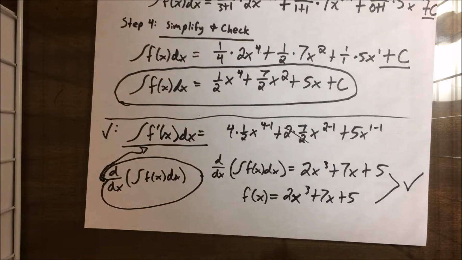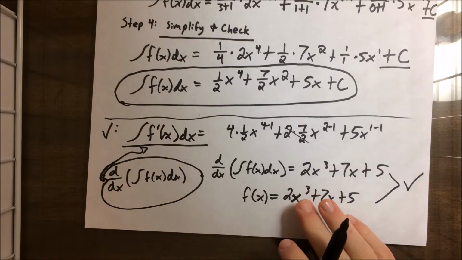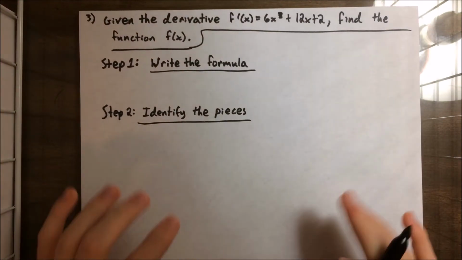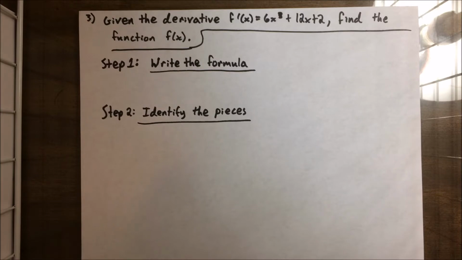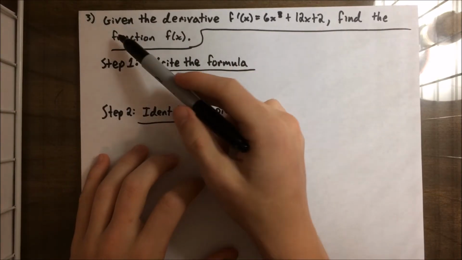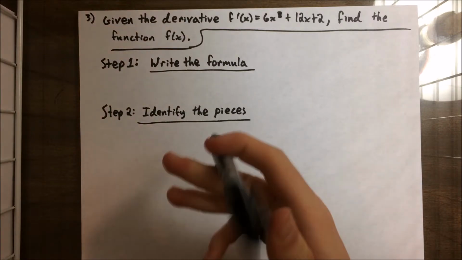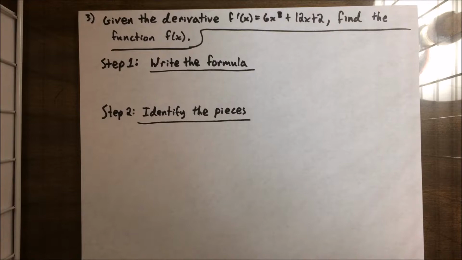Okay, so now let's do one more example, and I'm going to make this one a little different, just so that way I'm hopefully covering any questions y'all will end up having. So in this example, we're going to take the integral of the derivative, but it's worded in a way that might confuse some people.